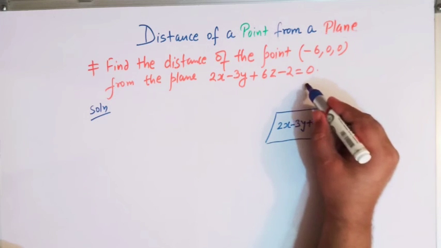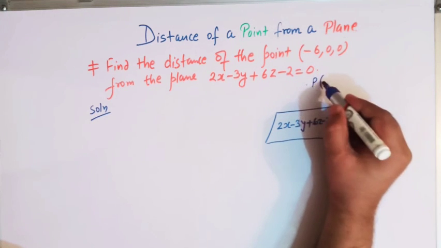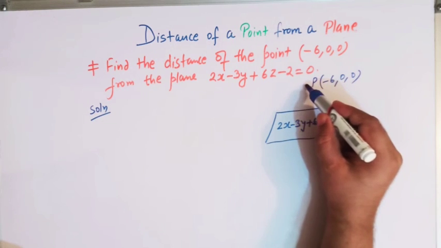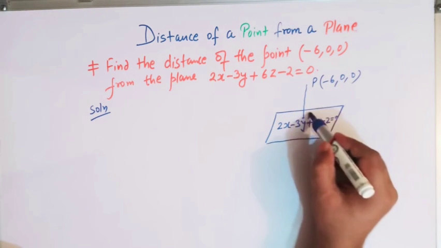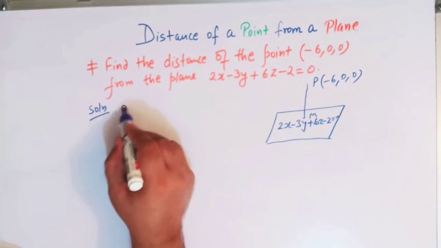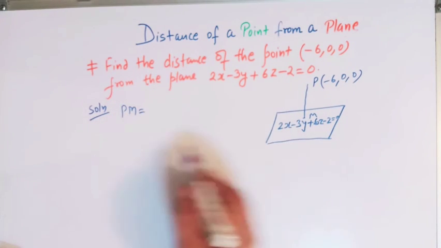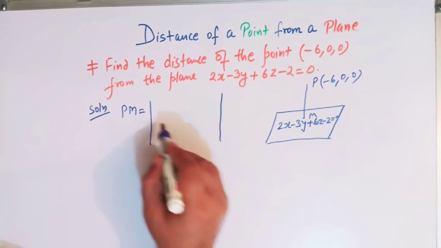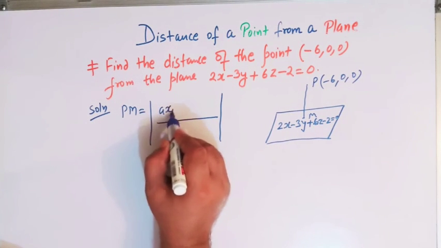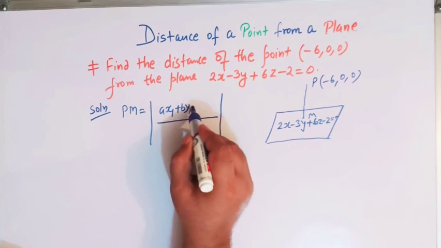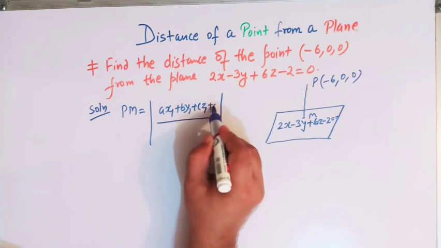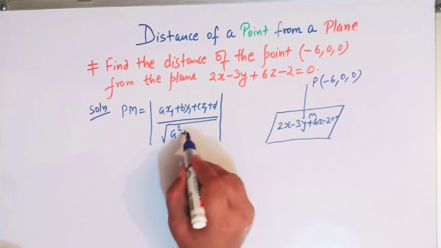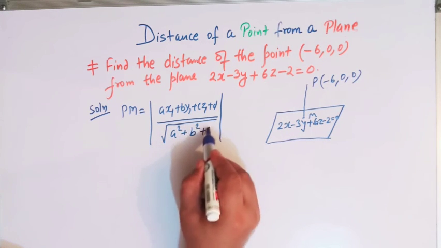And here we have the point P, say minus 6 comma 0 comma 0, and we have to find this perpendicular distance PM, and we know that this distance PM is given by ax1 plus by1 plus cz1 plus d divided by square root of a square plus b square plus c square.